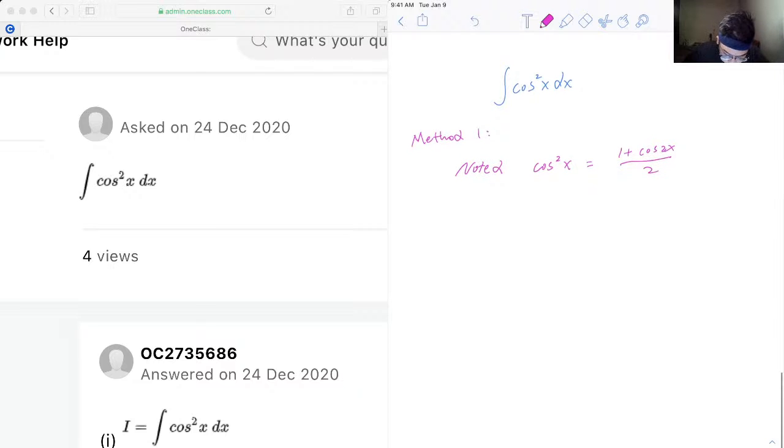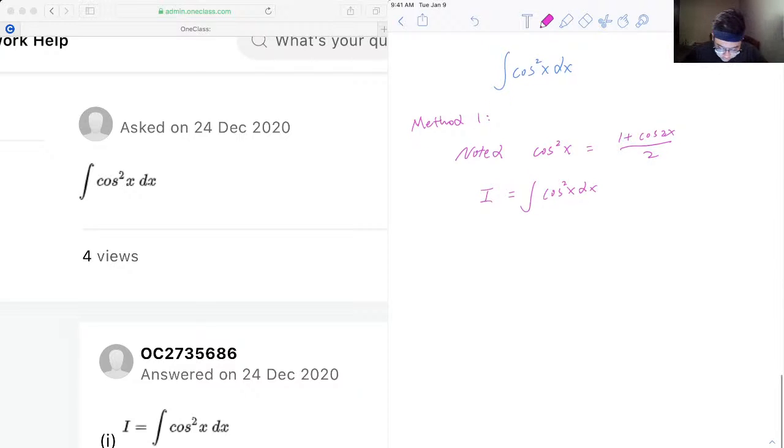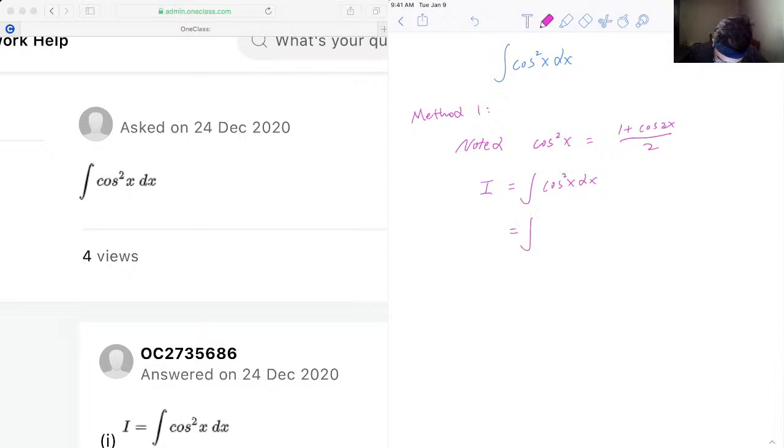So if we let I be the integral of cosine x squared, we're actually solving the integral of 1 plus cosine 2x over 2 dx, because these two are exactly the same.